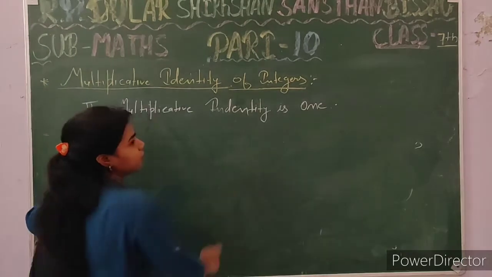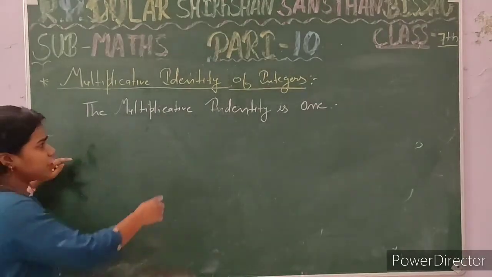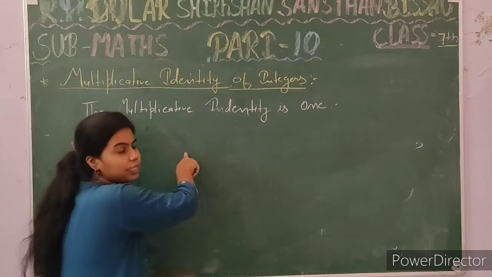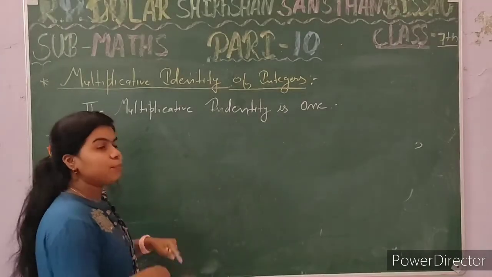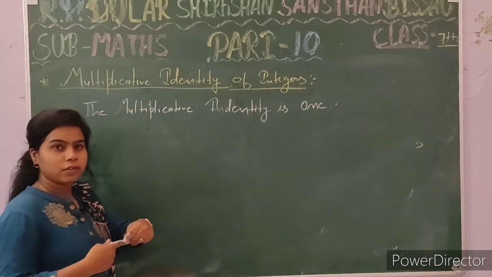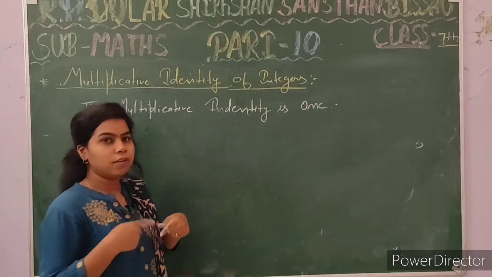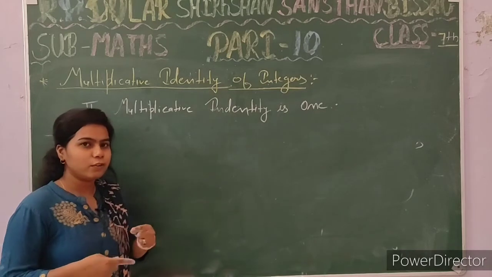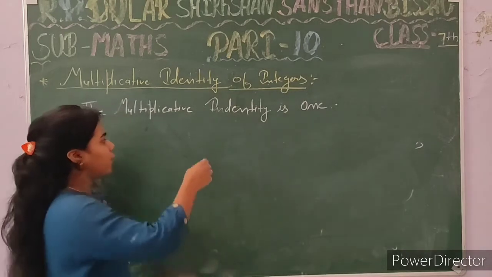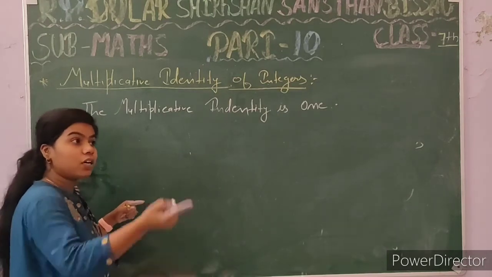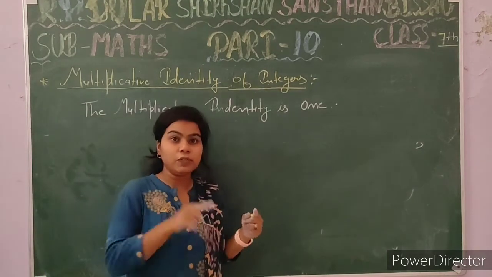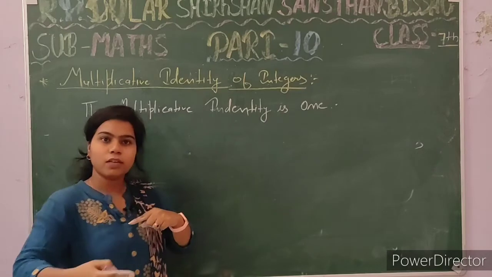In today's class the same method will be used here. Which digit, when multiplied to a given digit, gives the given digit? I will repeat it again. Which digit is multiplied to the given digit and gives the given digit?